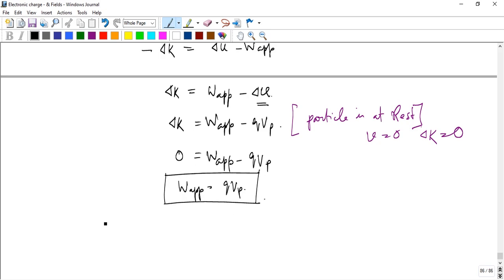But we know that W, the work done by the field, is equal to minus delta U, and delta U is equal to QVP.